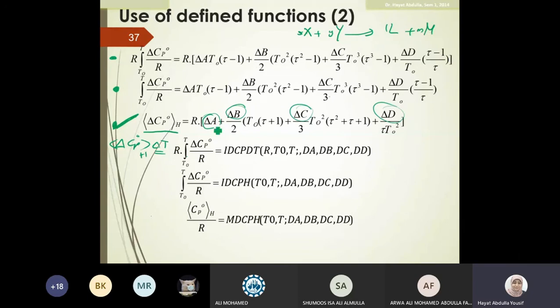To find delta A, you have to go to the table which consists of A, B, C, D. Remember that table? There is an appendix, appendix B, that shows the A, B, C, D values for X, Y, L, and M, the four substances you have.